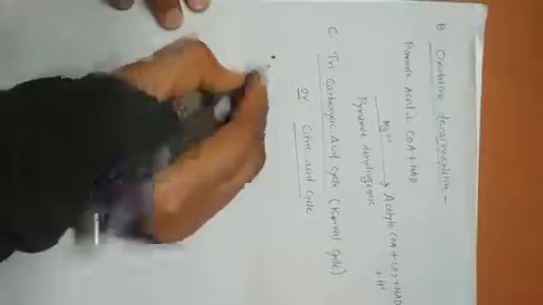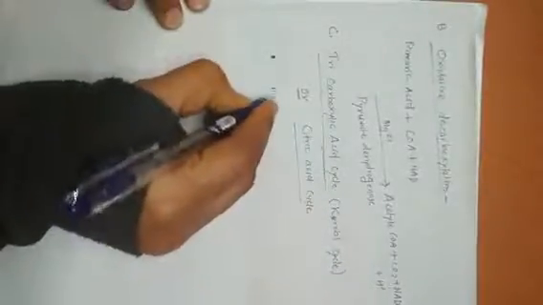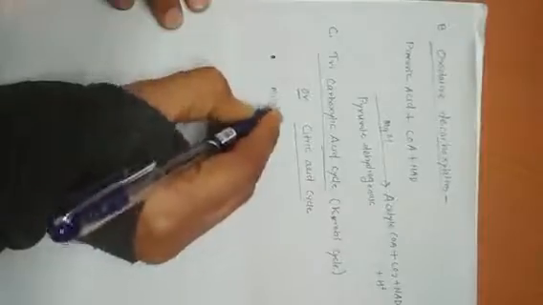It is aerobic and the Krebs cycle takes place in the mitochondrial matrix.